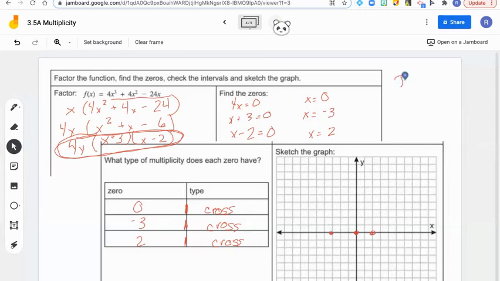This has a positive leading coefficient and an odd degree, right? We look right here for that information. That's going to tell us our end behavior, which again is going to be in this direction. So I'm going to start down here at the bottom.